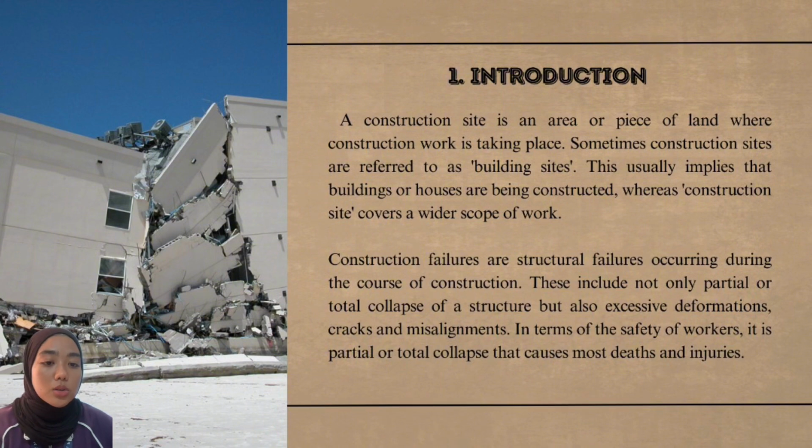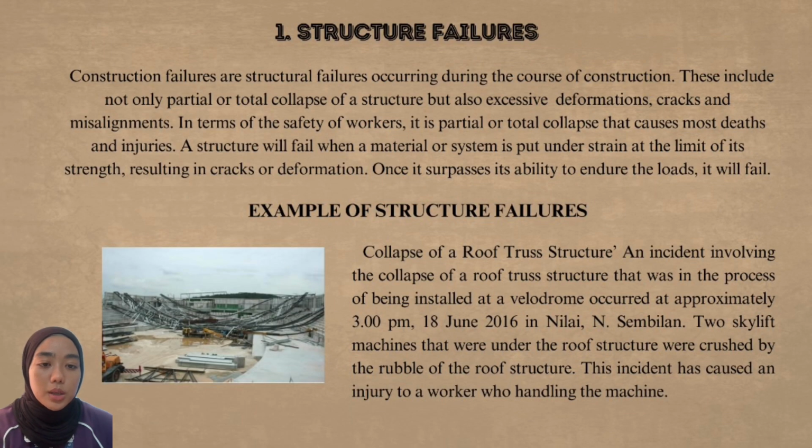Construction failure or structural failure usually occurs during the construction journey, and does not include only partial or total collapse of the structure, but also excessive deformation, cracking, and misalignment. In terms of the safety of workers, it is the partial or total collapse that can cause the most deaths and injuries.